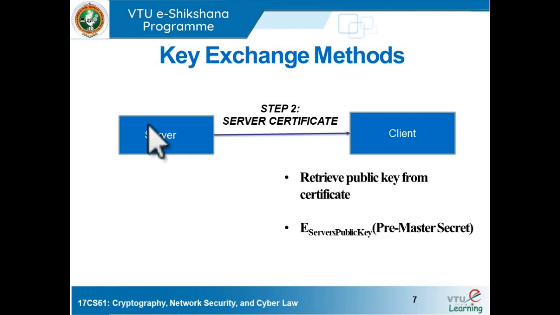Now we have a server and a client. The server sends the server certificate to the client. The client, upon receiving this certificate, extracts the public key from this certificate. Once the public key of the server is extracted, the client then uses this server public key in order to perform encryption of the pre-master secret.